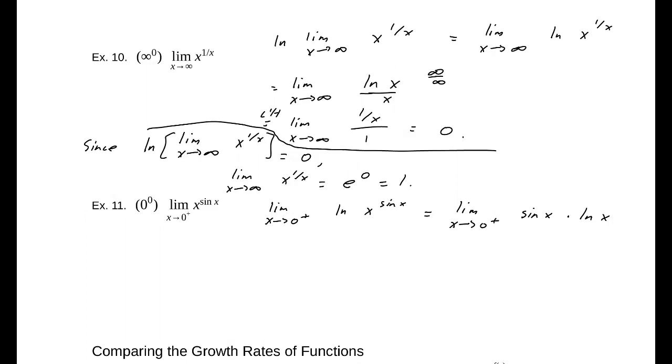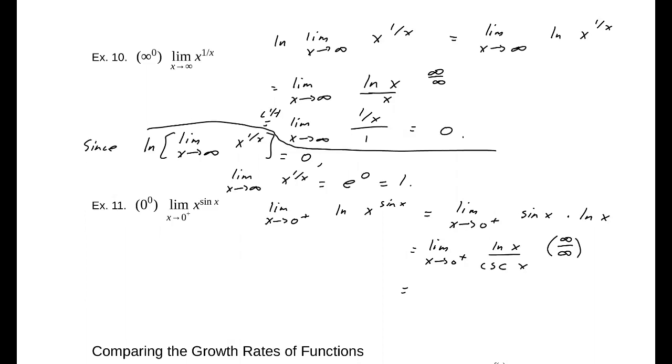Now that is a 0 times infinity. So we'll pull the same trick we did earlier algebraically and make this natural log x over cosecant x. We did this before, but it was with an x. We made it a 1 over x.